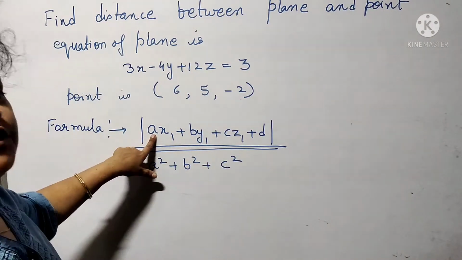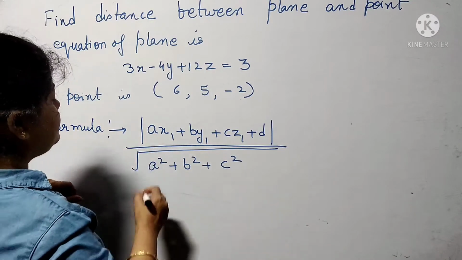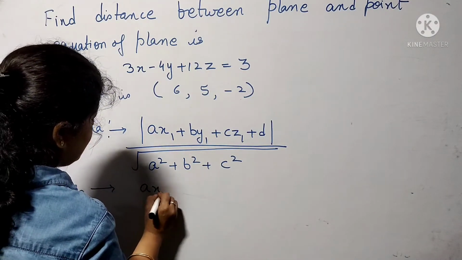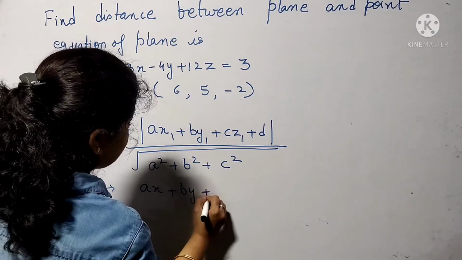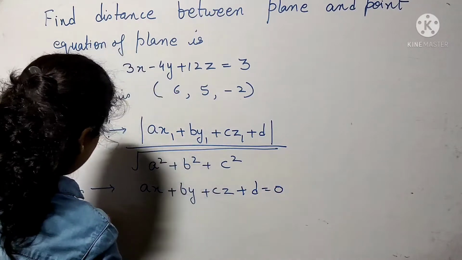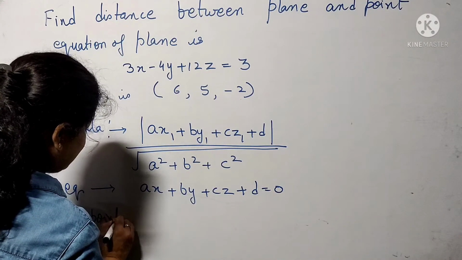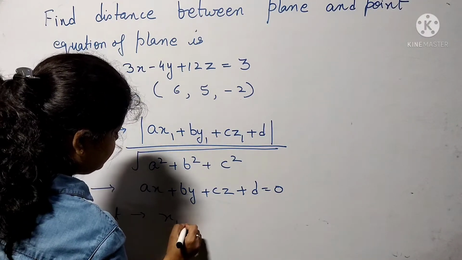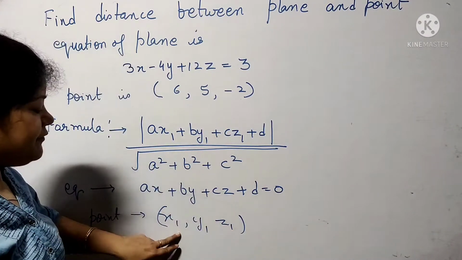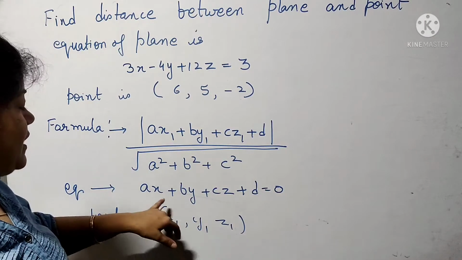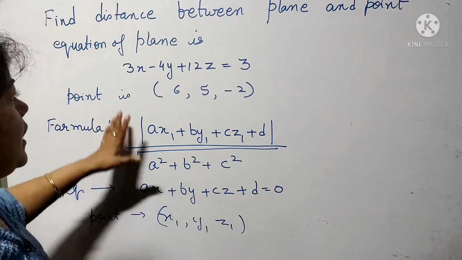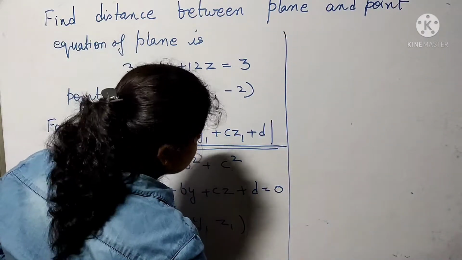Now this is the equation of the plane, that means the format of the equation of the plane is ax plus by plus cz plus d is equal to 0, and the point is in the format x1, y1, z1. That means we put different points x1, y1, z1 in place of x, y and z. So according to this, we proceed in this way.